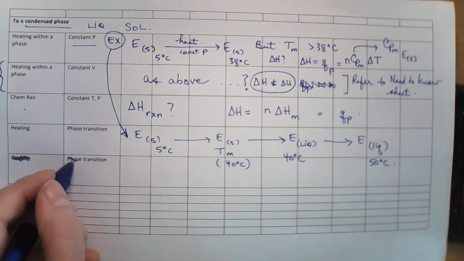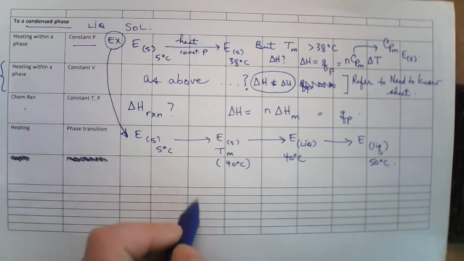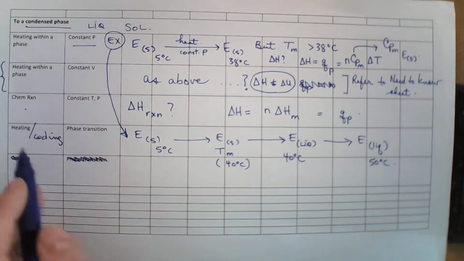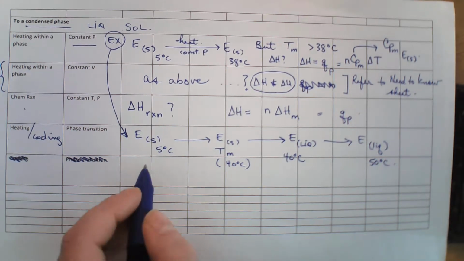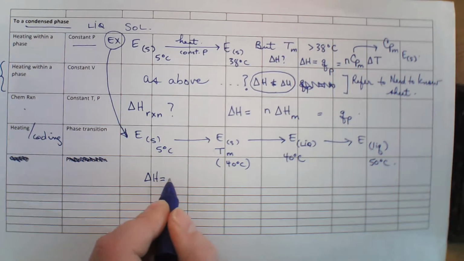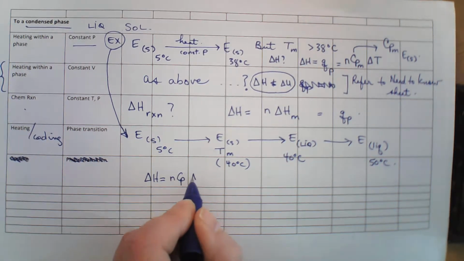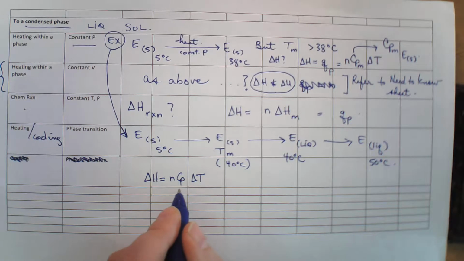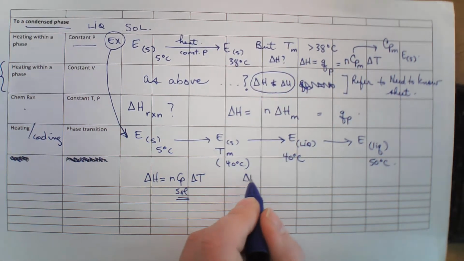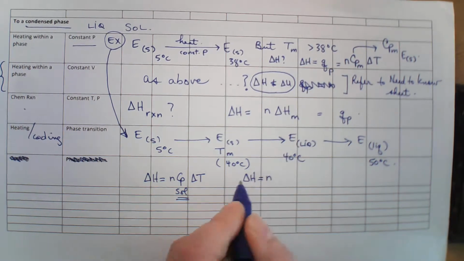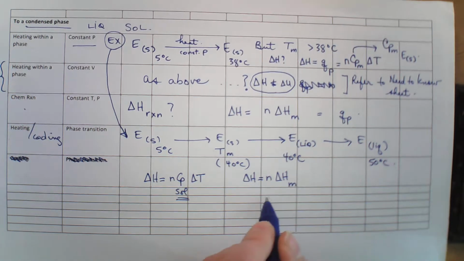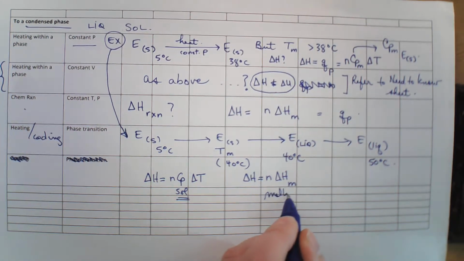The same thing goes for cooling. I'm just going to block this out so that I can continue writing. So the delta H here would be equal to n Cp delta T, and that would be for the solid. The delta H here would be however many moles I have times the delta H of melting.